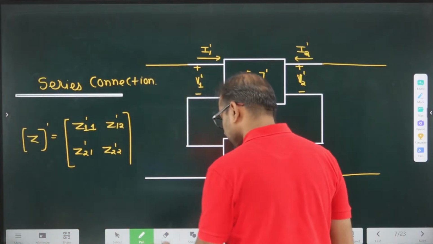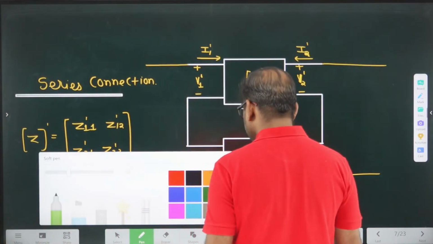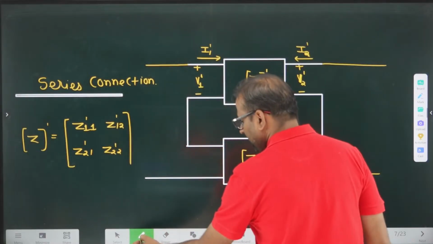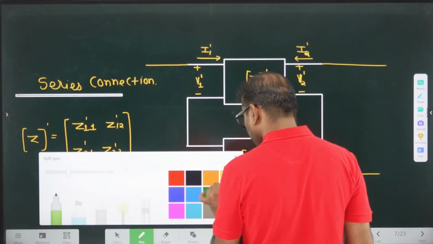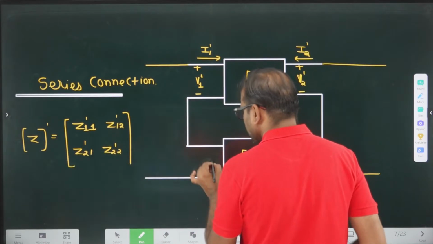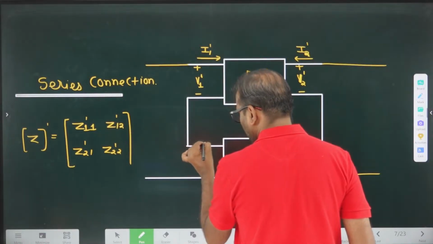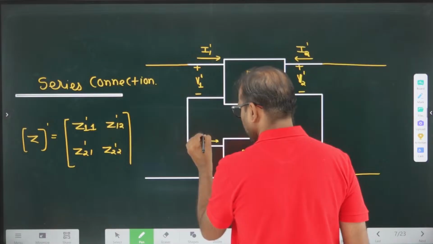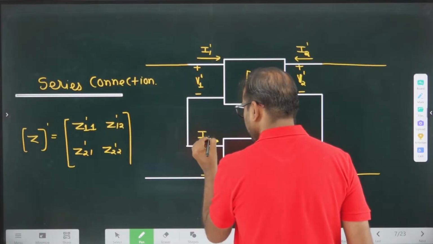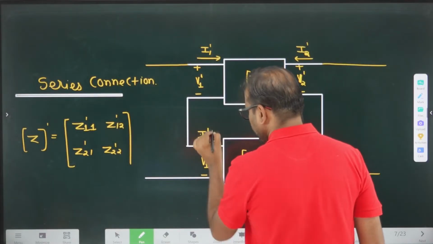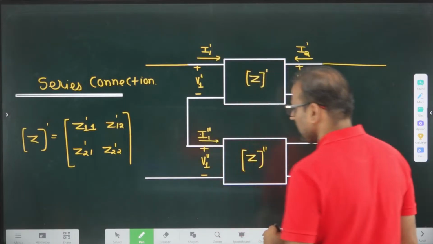The next is, we are interested in the second one. So how will I write the second? I will write the second one as V1 double prime. I am calling this current as I1 double prime, correct.